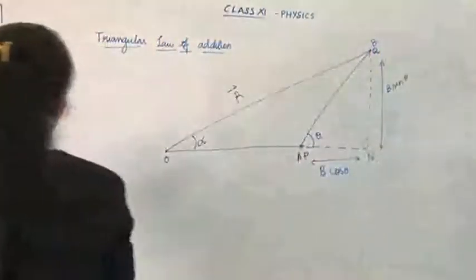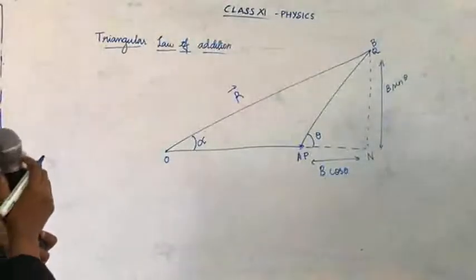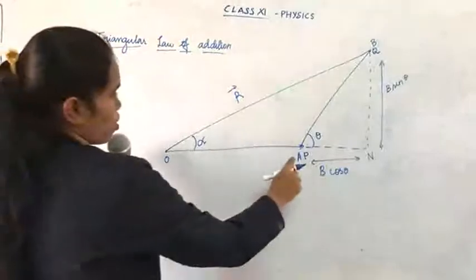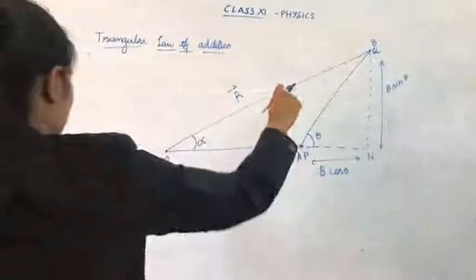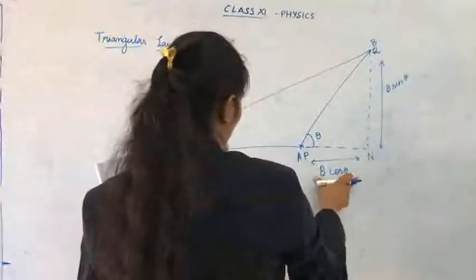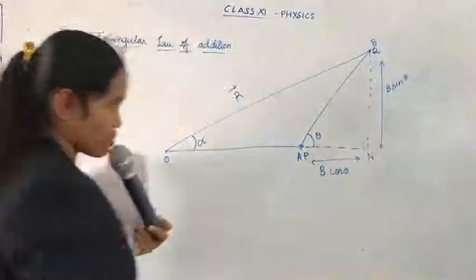Okay, children, have you drawn the diagram? Make the point O, here P, and it is Q, and the resultant is R. This is B cos theta, and it is taken as B sin theta because it describes the graph.